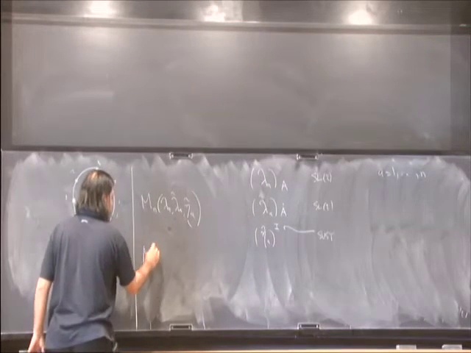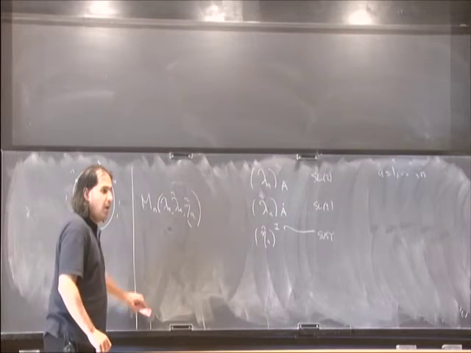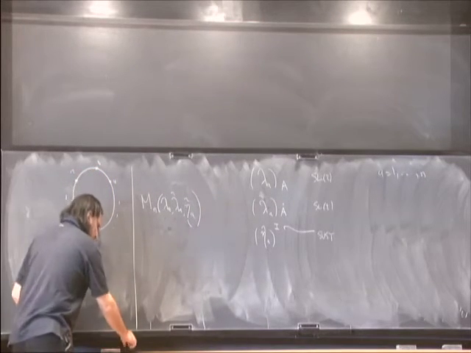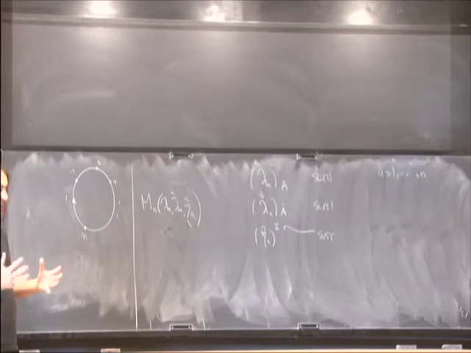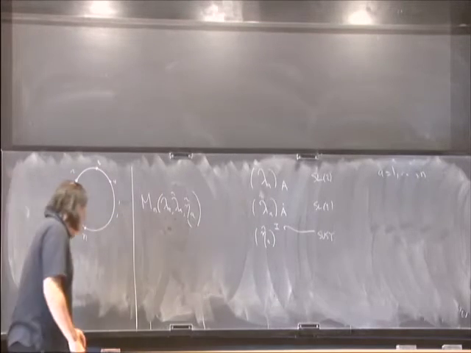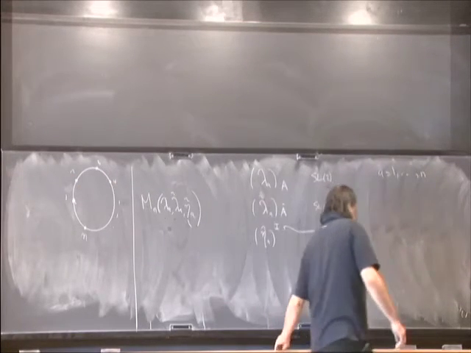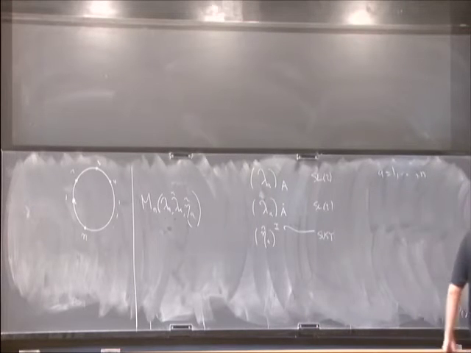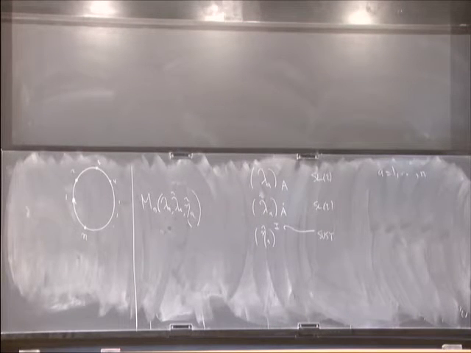What does it mean physically that all the particles have a cyclic order? The thing which gave them the cyclic ordering is the color. It's maybe clearer if I draw a picture.